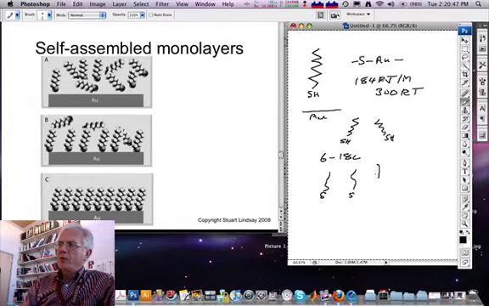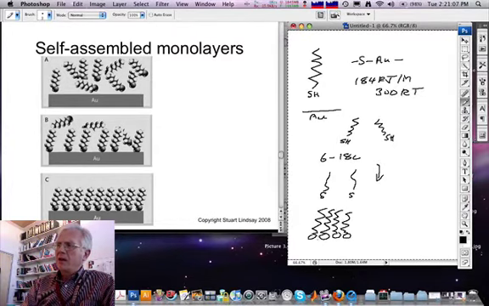And as more of them absorb to the surface, they push their neighbors away through van der Waals interactions until eventually the result is a well-organized, densely packed monolayer, usually tilted to allow the closest packing of the alkane chains. And by tilted, what I mean is this angle between the normal and the molecular axis is some small amount.